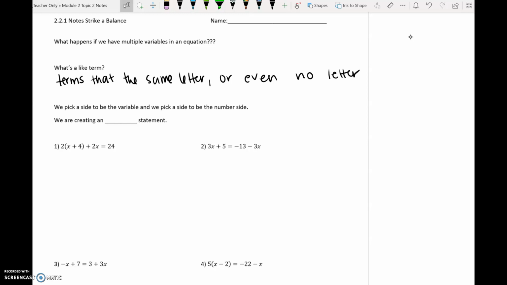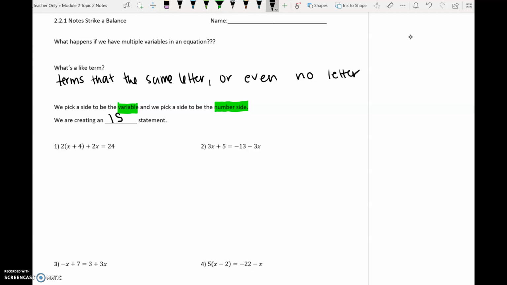In our case, it's going to be constants, so terms that don't have a letter, and then variables. So usually it's going to be x. When this happens, we pick a side to be the variable side, and then we pick the other side to be the number side. Remember, we are creating an is statement.